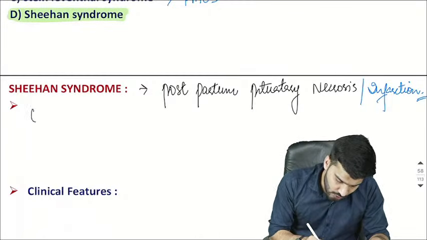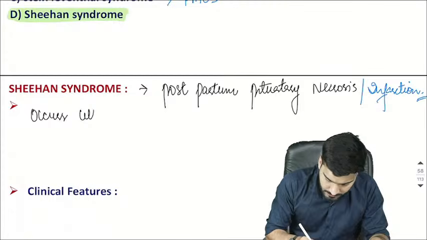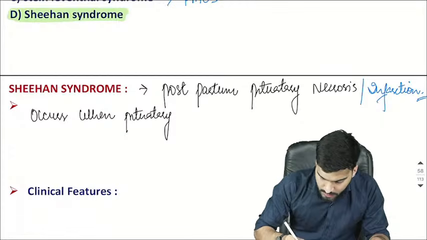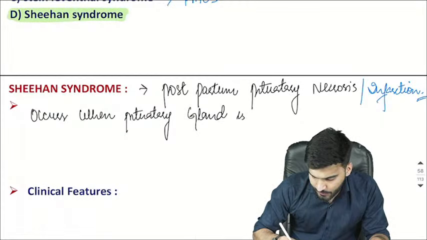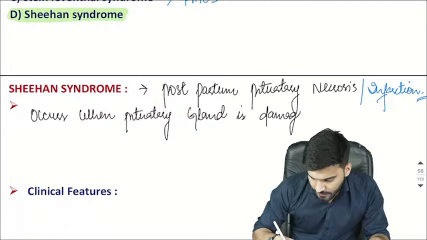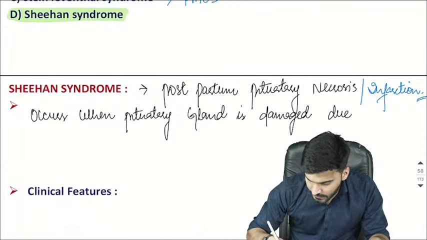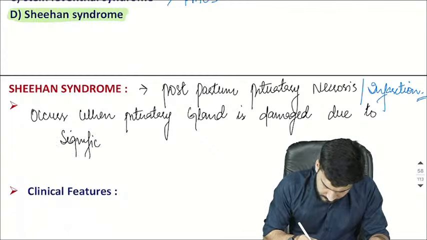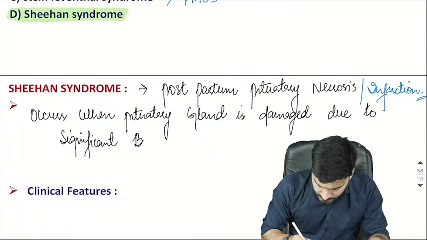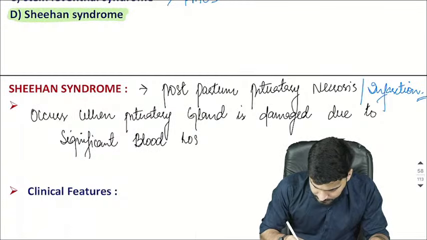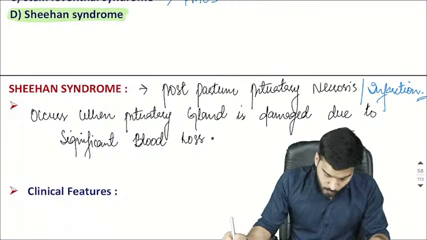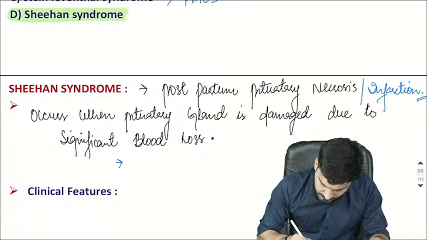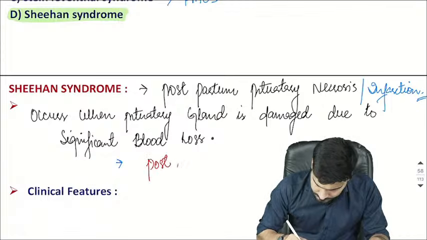It occurs when the pituitary gland is damaged due to significant blood loss. That is the first thing. Followed by that, in the options they can also mention postpartum hypopituitarism.